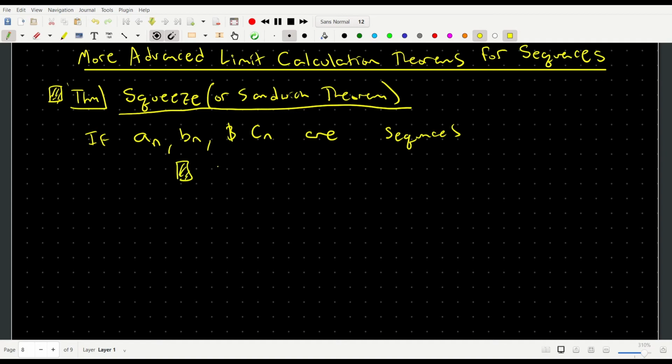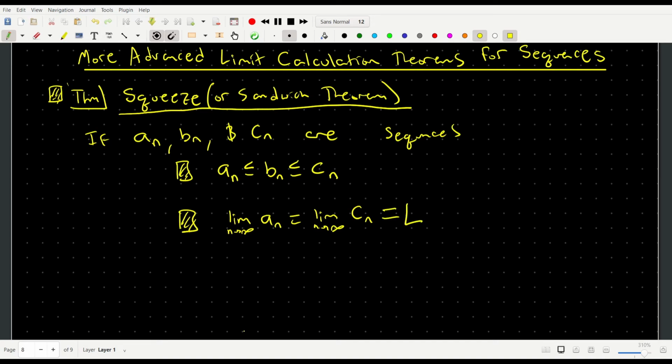The first is that for any n, a_n is less than or equal to b_n is less than or equal to c_n. The second condition is that the limit as n goes to infinity of a_n is equal to the limit as n goes to infinity of c_n. These two values are the same.